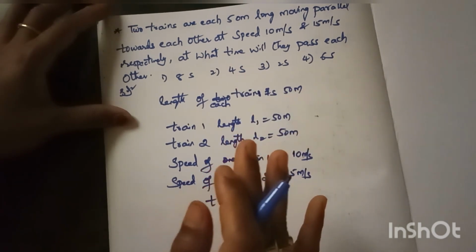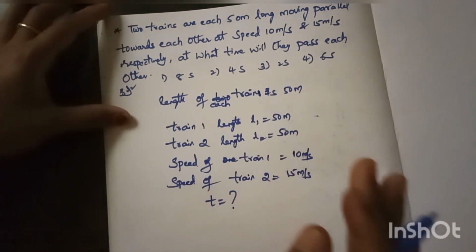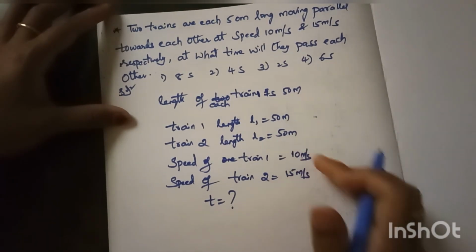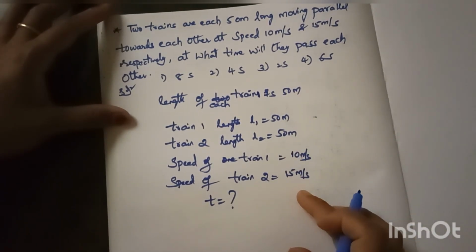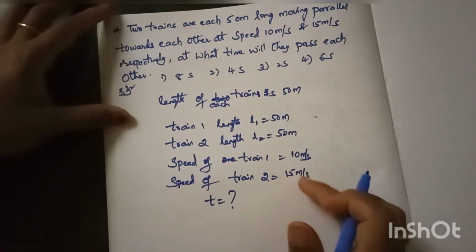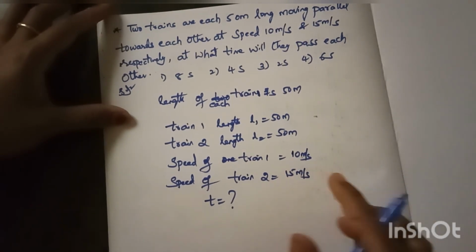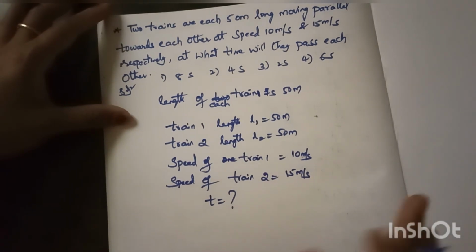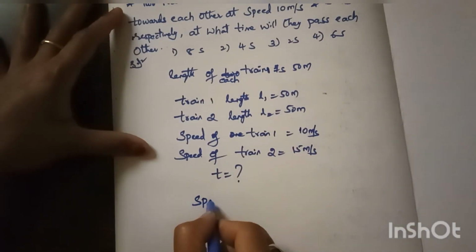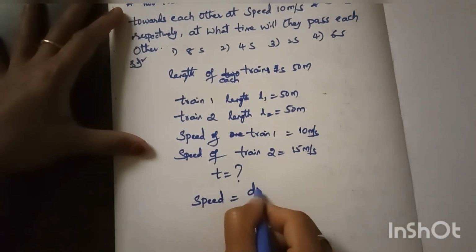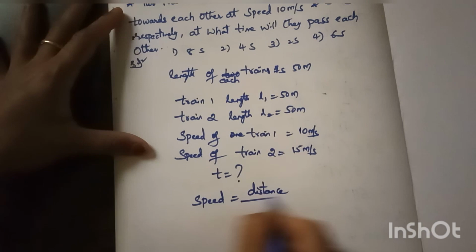At what time do the two trains move parallel to each other? Their lengths are the same but their speeds are different. So we know that speed is equal to distance by time, where distance means length itself.